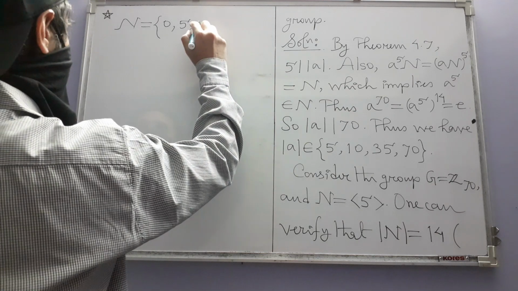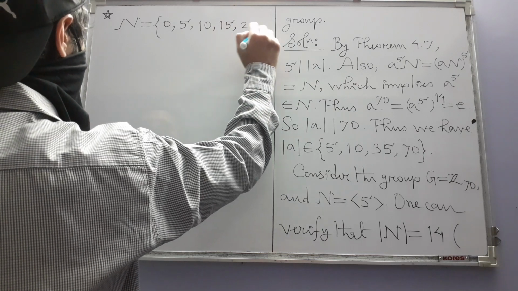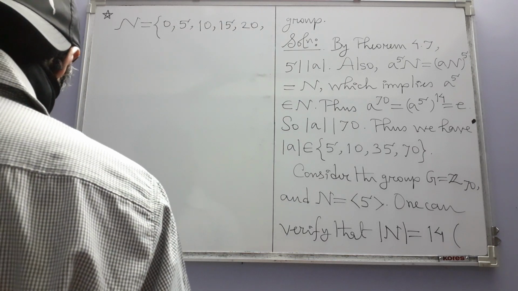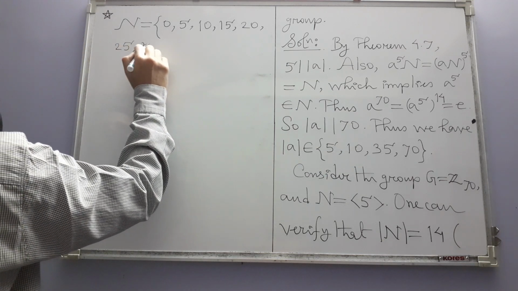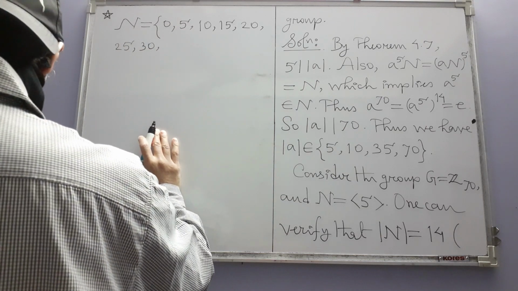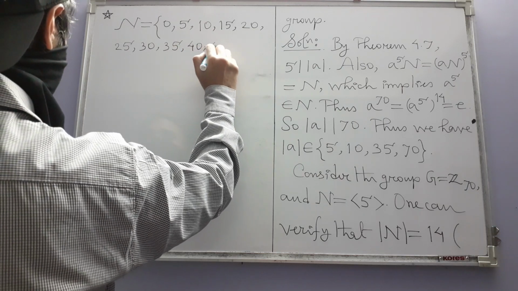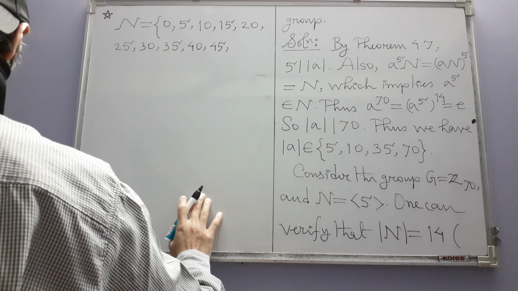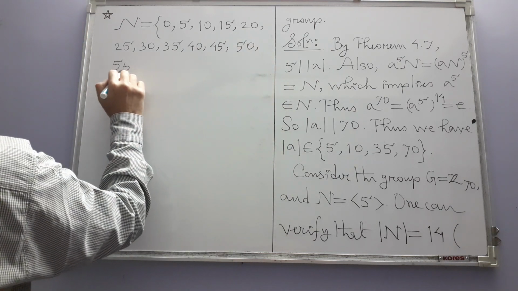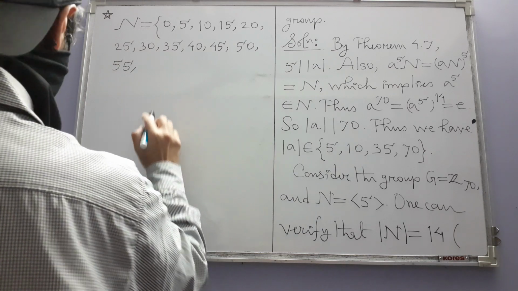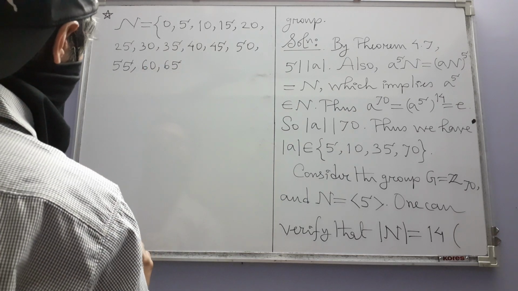So they are going to be 10, 15, 20, then 25, 30, 35, 40, 45, 50, 55, 60 and 65.